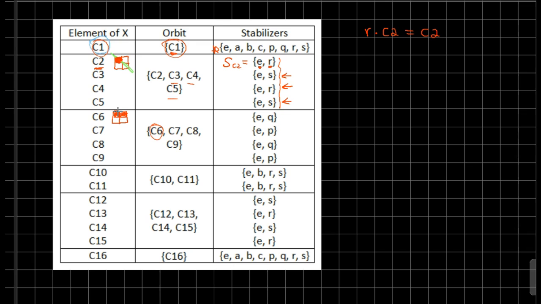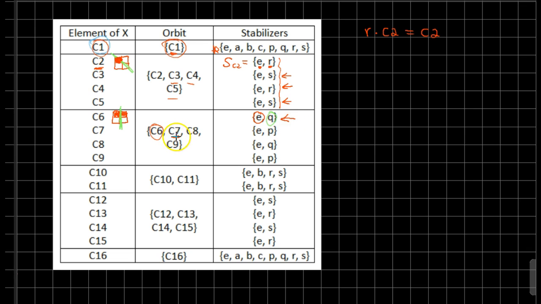So what group action will keep this coloring intact? Obviously E will be one of them. Another one would be a reflection along the mid-vertical line. So it would leave that coloring intact as well. So that explains the E and the Q.